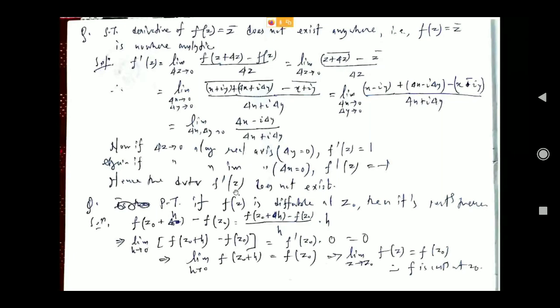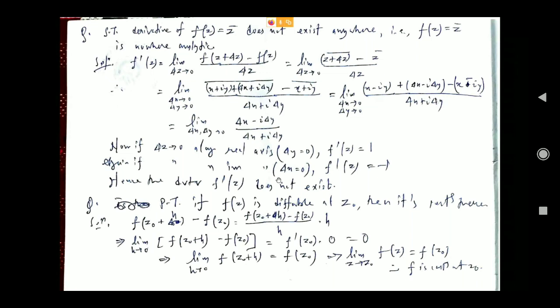exist anywhere. We have taken an arbitrary point and we have shown that this limit is different when you approach 0 along different paths. We have just taken two different paths. Since there are infinitely many paths, the easiest ones to take are the real axis and the imaginary axis. You can show it by any other path also, but why go for any other path? Because these two are the easiest ones.